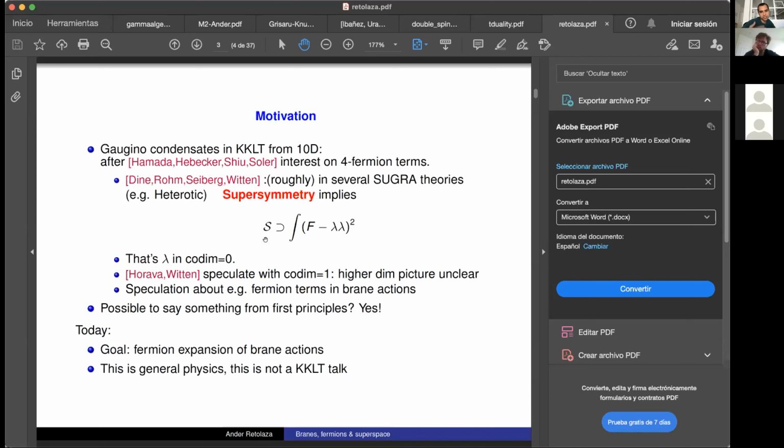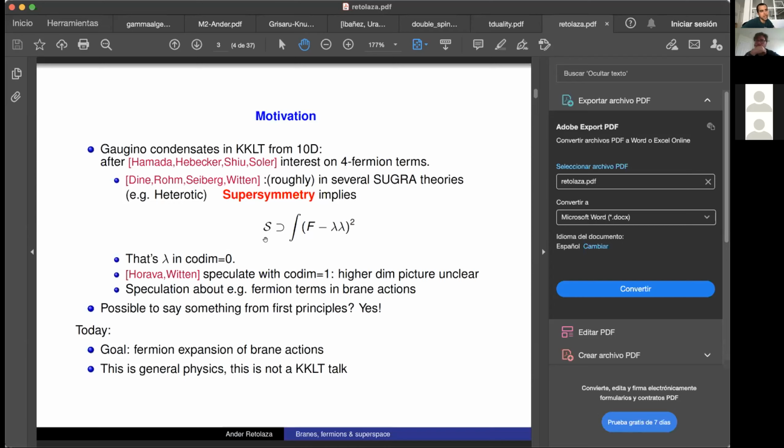You will have gauginos that in the D9 are basically codimension 0. This is, if you want, type I theory. And over there you're going to find a perfect square structure. This is something that supersymmetry is telling you has to be there.